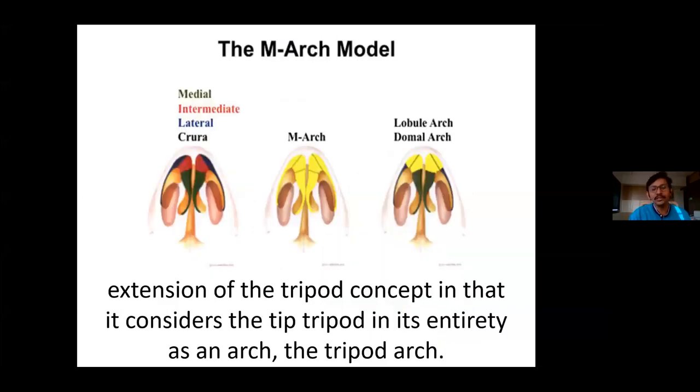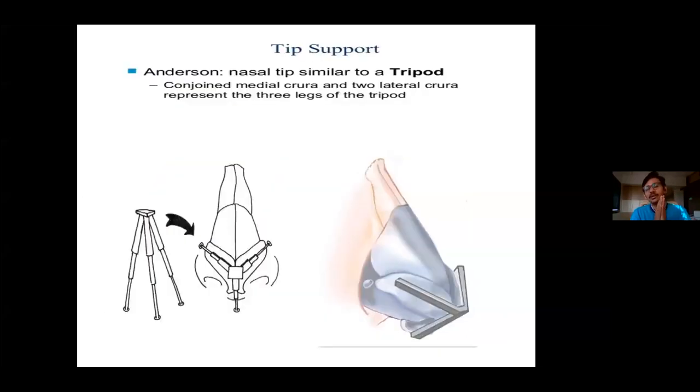So by shortening and lengthening these three legs of the tripod, you can control the projection and the rotation of the tip.